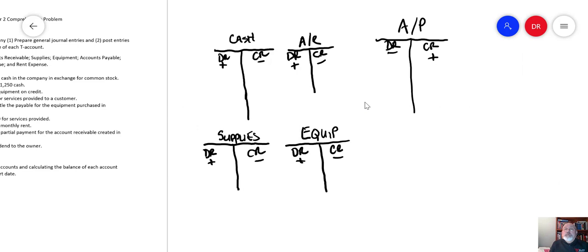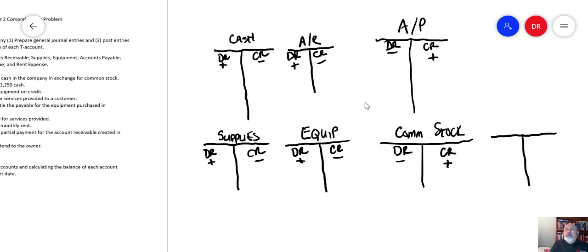So I'm going to start with common stock down here. And remember, owner's equity is just like liabilities. The credit is an increase, the debit is a decrease. Dividends are its opposite. So over here I'm going to put dividends, DIV, debit increase, credit decrease.